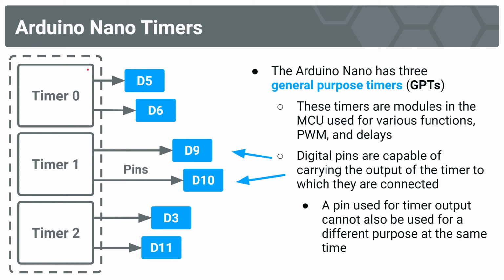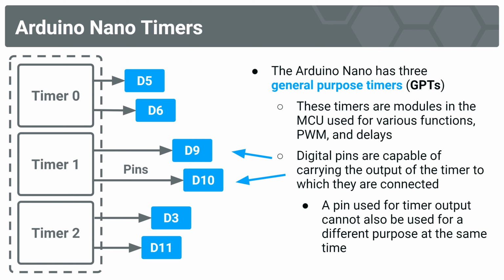And so when we configure our program and say we want to generate a PWM signal to pin D5, what we're doing when we call that function analogWrite is telling the Arduino Nano, hey, I'm using pin D5. I want it to connect with timer 0, and I want timer 0 to output a PWM waveform to D5.